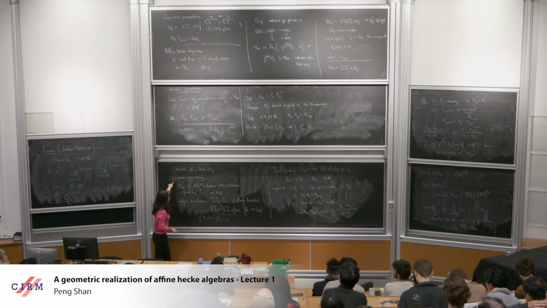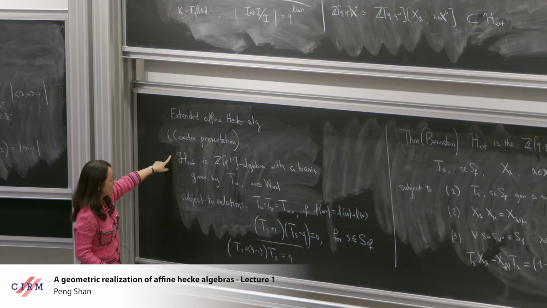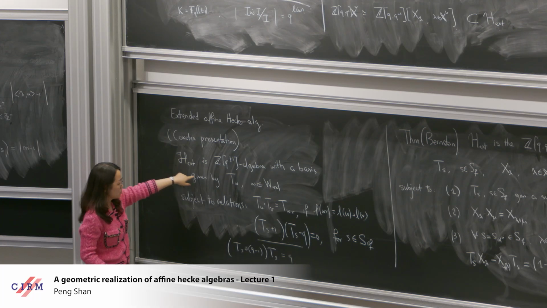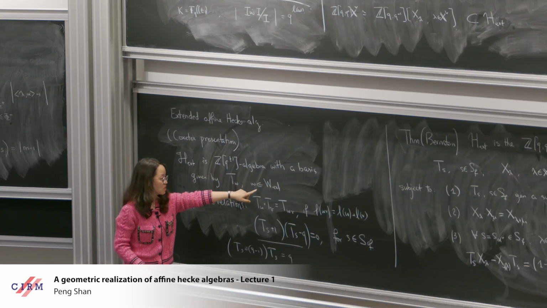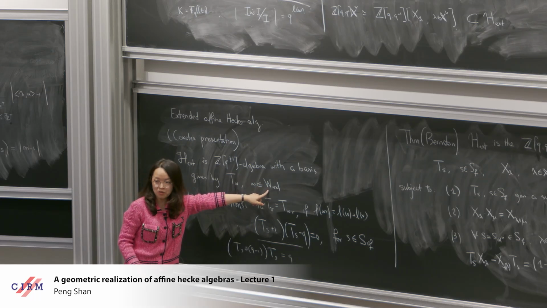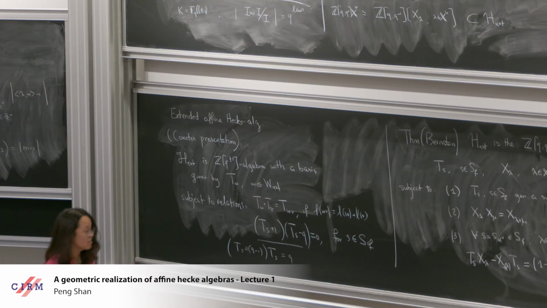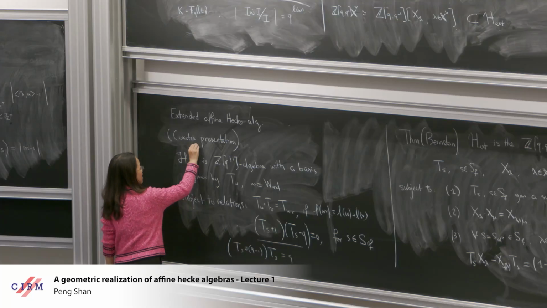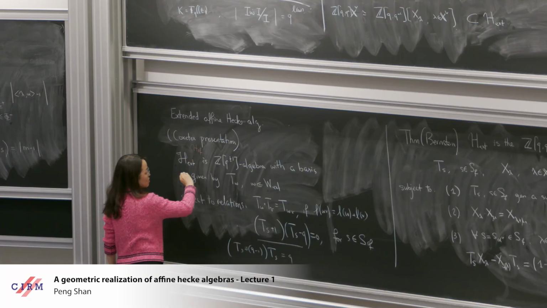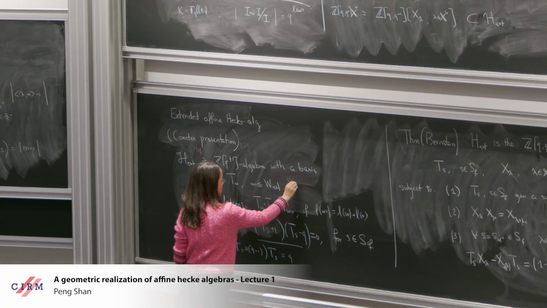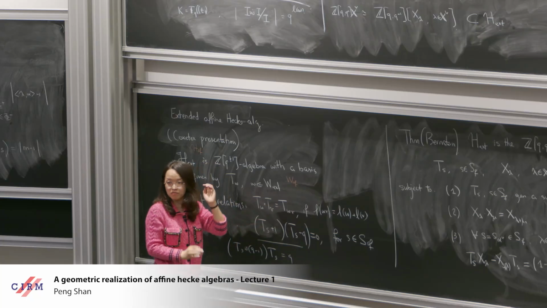The extended affine Hecke algebra is defined as the algebra with a basis indexed by elements in the extended affine Weyl group, subject to these relations. And the affine Hecke algebra is just the same thing, where you replace it by w belonging to the affine Weyl group. That's it.